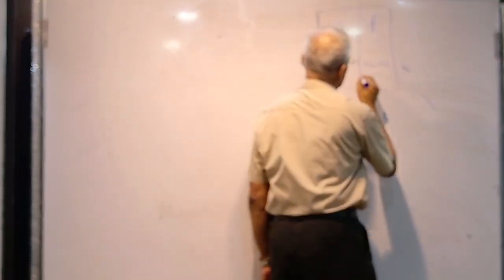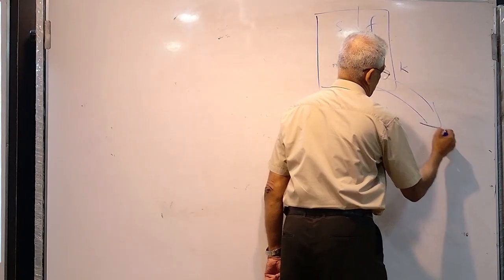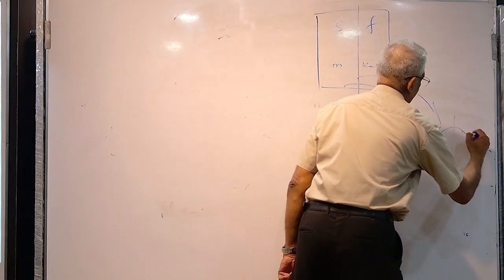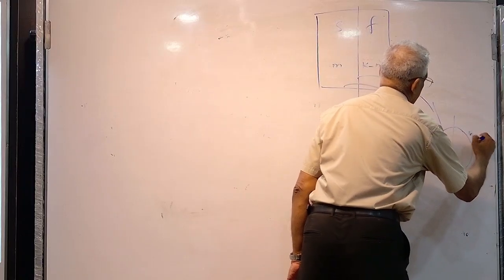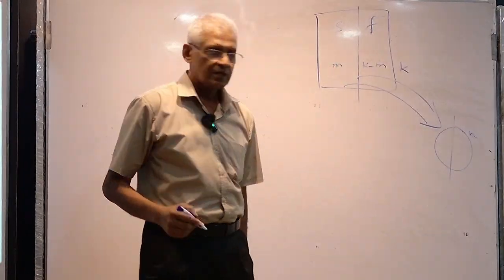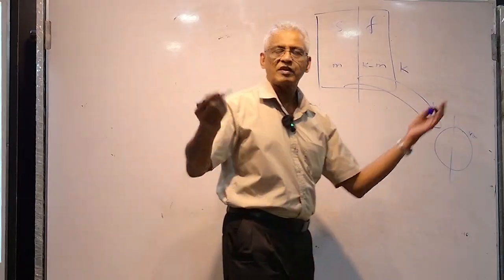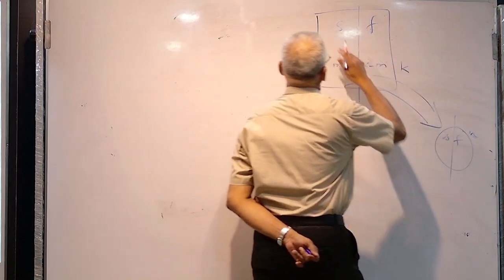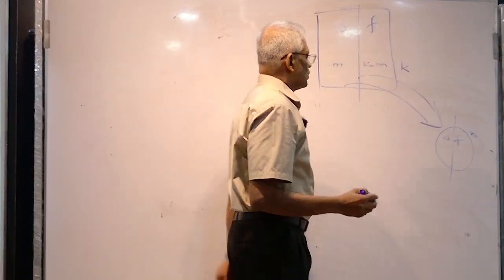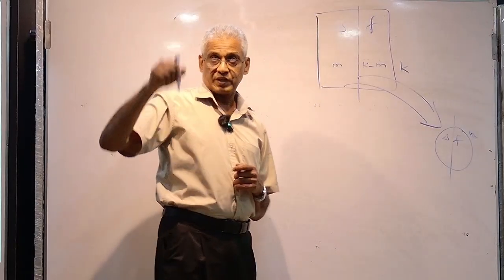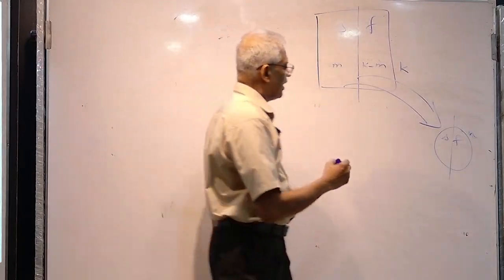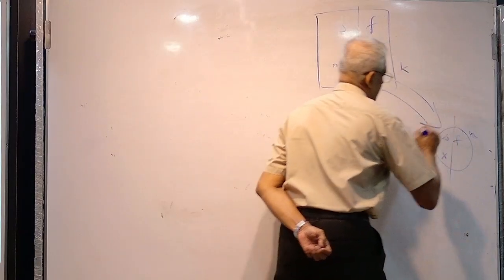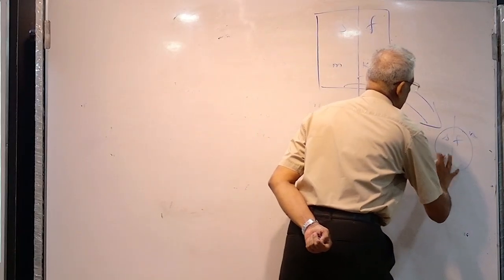We are taking a sample of n items, and there will be some successes and failures. Let us denote the number of successes in the sample by x. That is the variable.